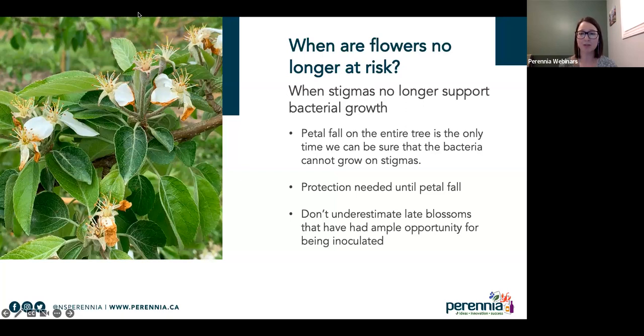So essentially the only way we can practically say that a flower is no longer at risk of infection is when it's at the petal fall stage. So protection is needed until petal fall. And you don't want to underestimate those late blossoms, because they have had ample opportunity for becoming inoculated, with that bacteria being broadly distributed in the landscape.